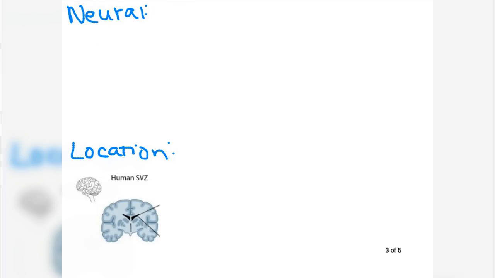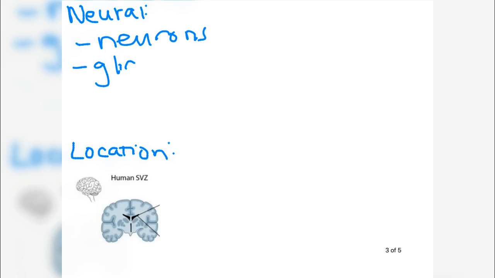Next, we have neural stem cells, which differentiate into neurons and glial cells. And neural stem cells are primarily located in the subventricular region of the brain, which is shown in this image right here.